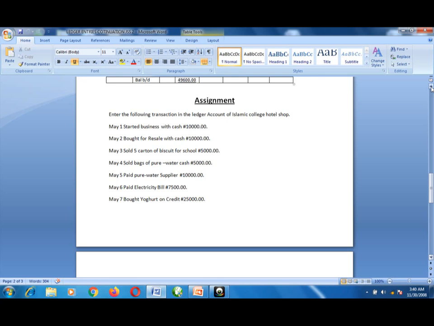Out of that 10,000 naira, they bought goods for sale, 10,000 naira. They sold biscuits to school, 5,000 naira. Then they sold pure water for cash, 5,000 naira. Paid pure water supplier, 10,000 naira. Paid electricity, 7,500. So you have to prepare that account and submit it.